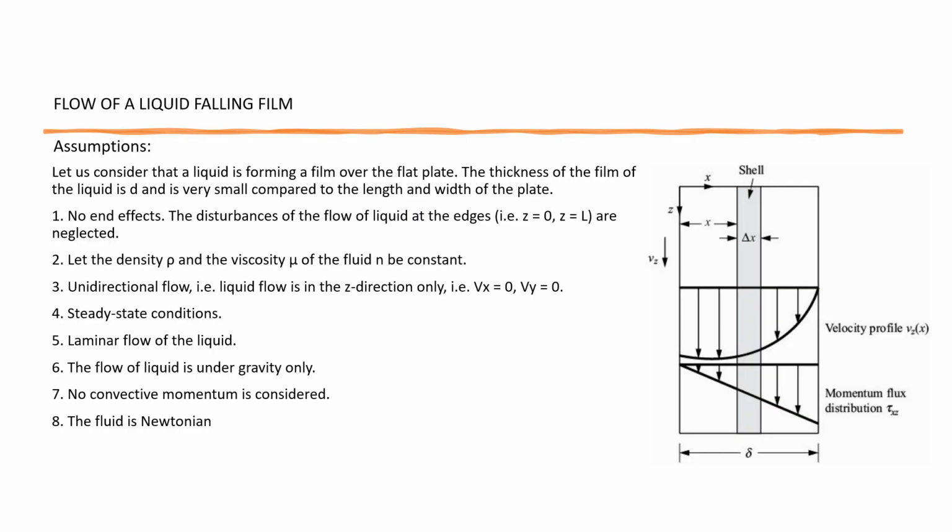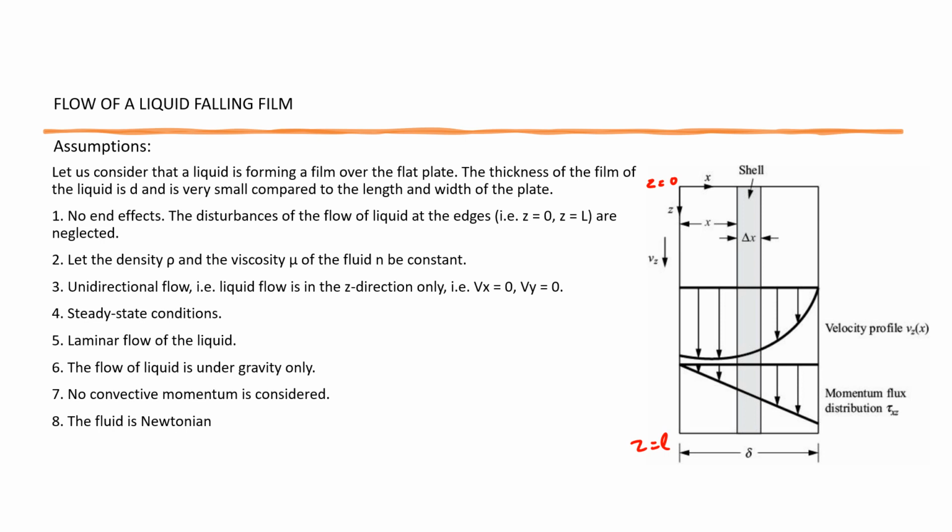So, flow of a liquid falling film. Assumptions that we took: thickness of film of the liquid is delta, and it's very small compared to the length and width of the plate. No end effects at z equals to 0 and z equals to L are neglected.